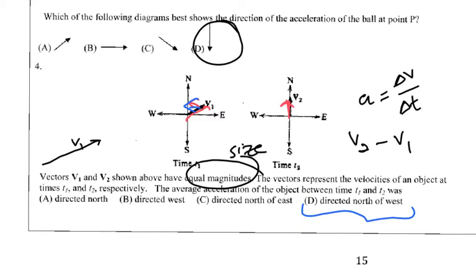So here are two vectors. V2 is right here. Negative V1 would look like this. It would just be opposite of V1. So if we had a vector that was V2 plus negative V1, that vector would have to be from start to finish directed north of west.